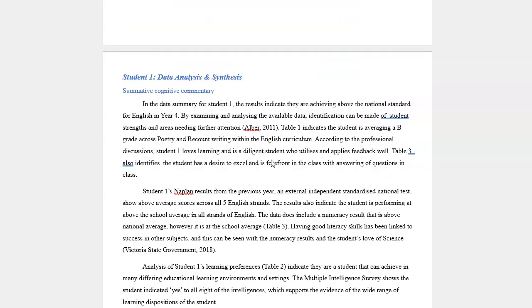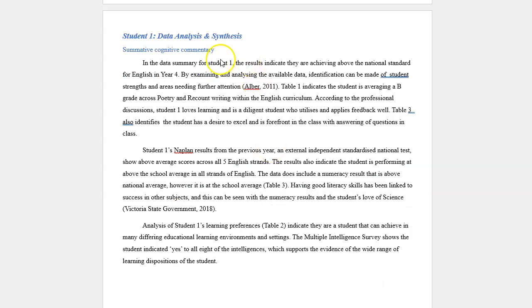Now, the next section is, okay, I've got the data. How do I synthesize it, analyze it, and forecast what I might do? So for each student, this is just student number 1, and they did that for all that above for every student. Student number 1 starts to describe what's going on, talks about all the elements of the data that are there.